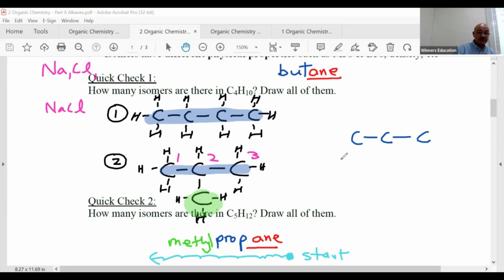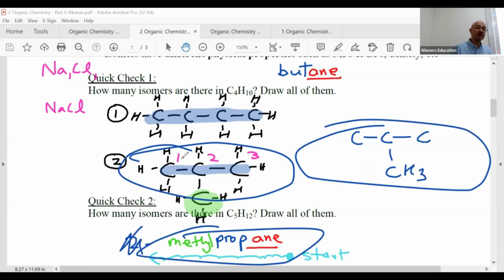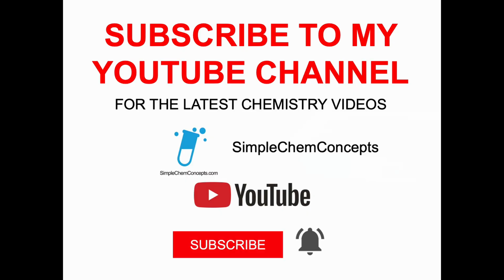So you ask yourself, can I put the CH3 at the corner? Can't, because that is molecule number 1. Makes sense. So the only way you can do is molecule number 2. So even without the 2, I can draw it out, which is the same thing. We don't need to put 2. Just like sodium chloride, no need to put the 1 and 1 substitute.